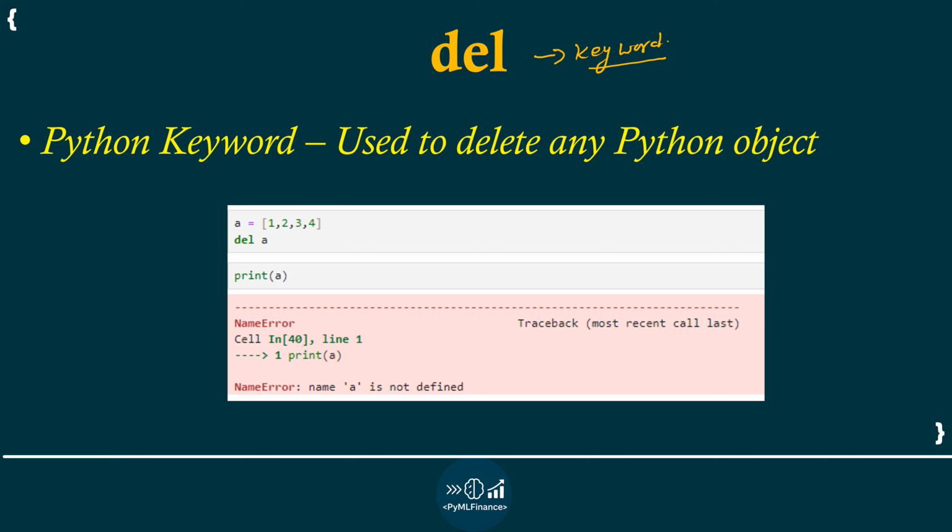So let's say you have a list A created and you delete the list object. Now if you try to access A, if you try to print A, you simply get a NameError. The reason being, the name A, that is variable A, has been removed by Python. Python deleted this particular variable A.